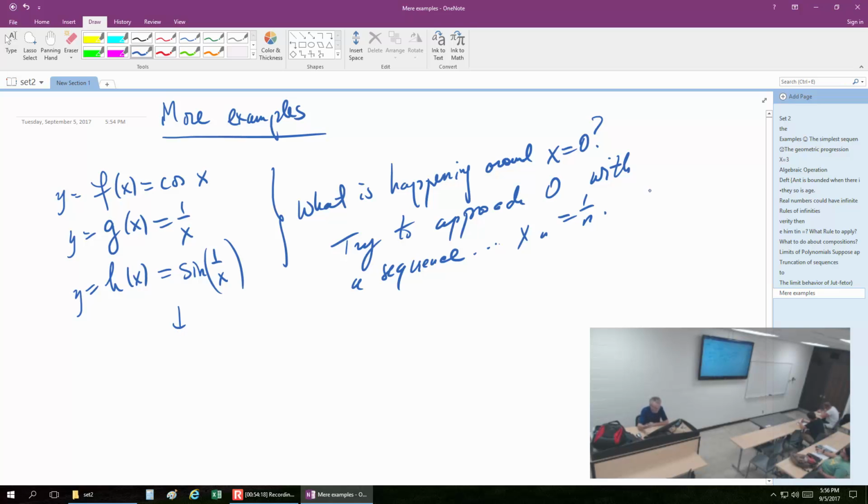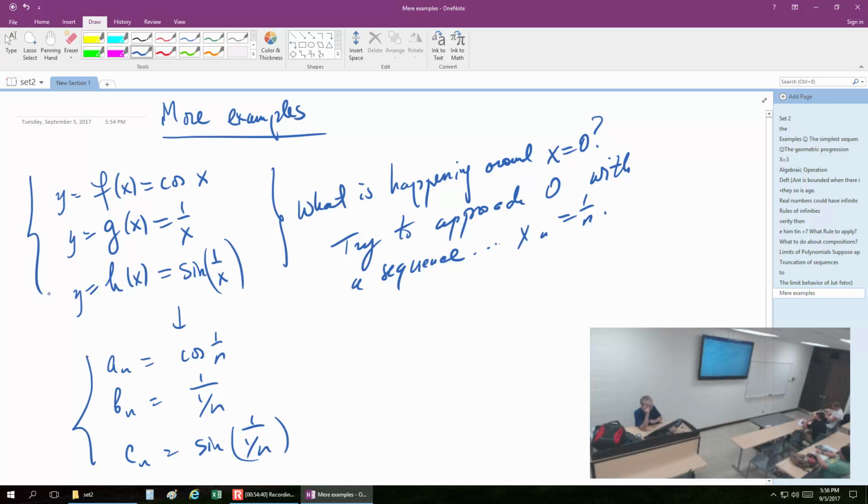The sequence of x is naturally 1 over n, and then we have an equal to cosine 1 over n, bn is equal to 1 over 1 over n, that's the easy one, and cn is equal to sine 1 over 1 over n. So you see what has happened: I simply replaced each x with 1 over n, in the manner that we just discussed.